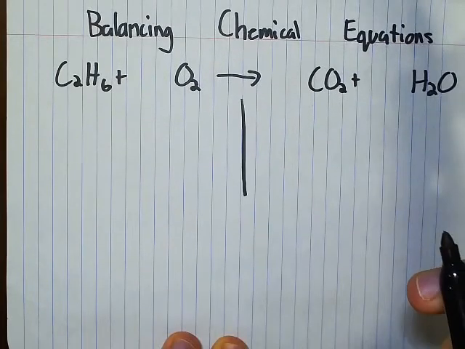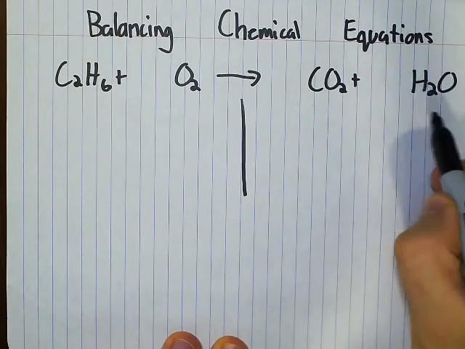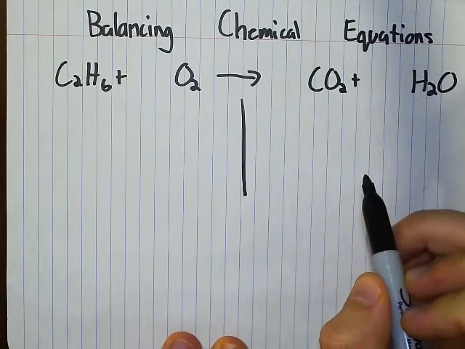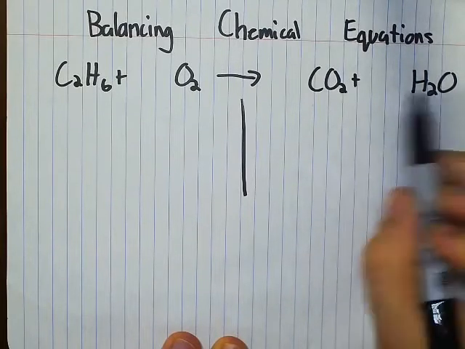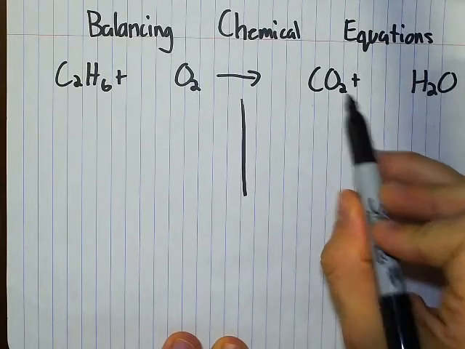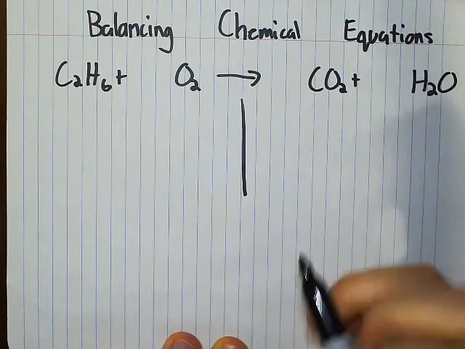And that should mean I've also got those exact same ones on the other side: carbon, hydrogen, and oxygen. I've got oxygen in two places, which is important, so I've got to account for both oxygens in my total tally. I've got 2 oxygen in carbon dioxide, and 1 oxygen atom in my water molecule.